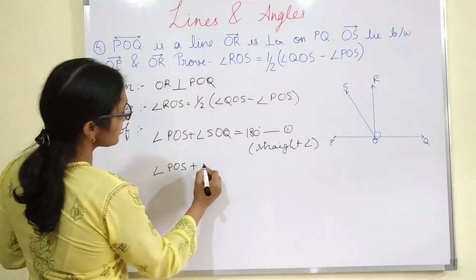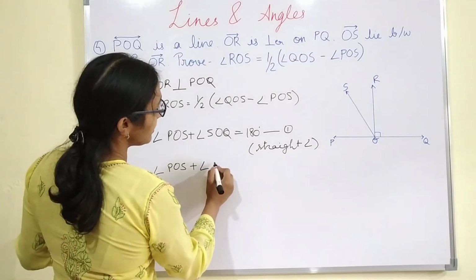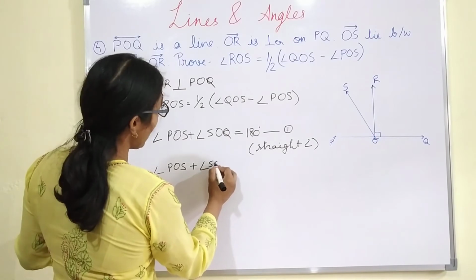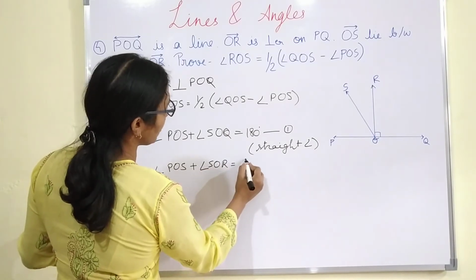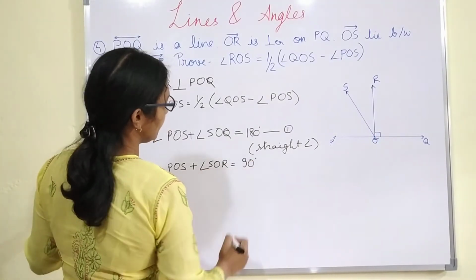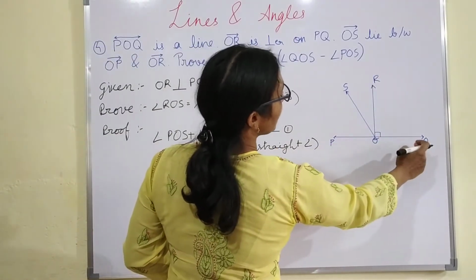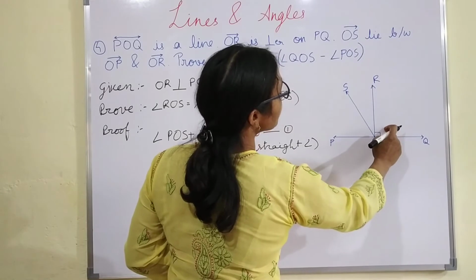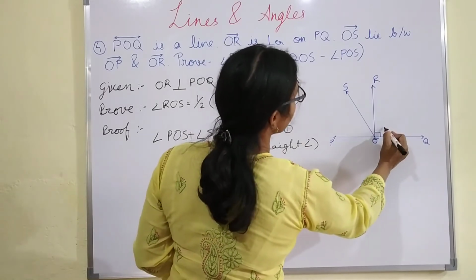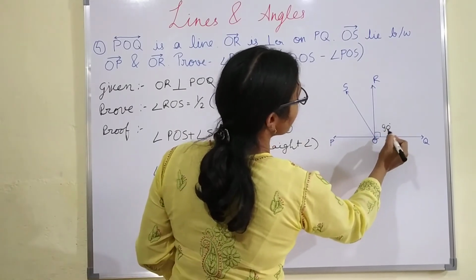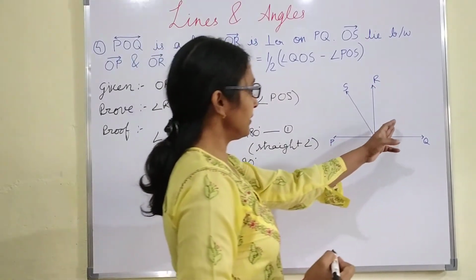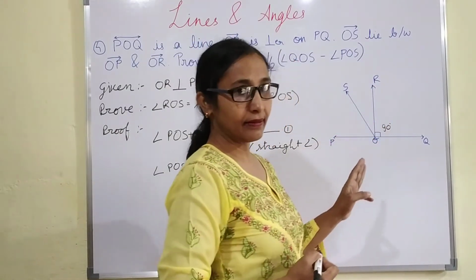Okay. Now next is angle POS plus angle SOR equals 90 degrees. Why is it so? Because OR is perpendicular on POQ, so it is 90 degrees. It is given in the diagram. It is written here, 90 degrees. Since it is 90 degrees, this angle will also be 90 degrees.